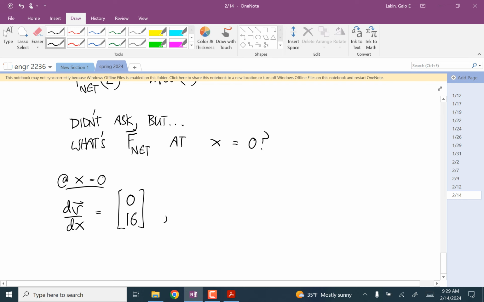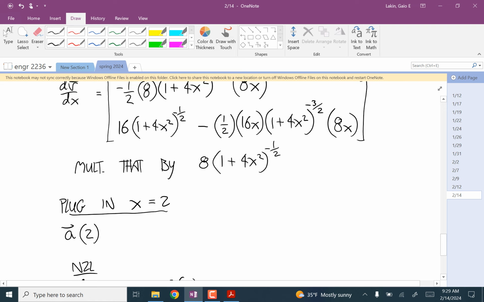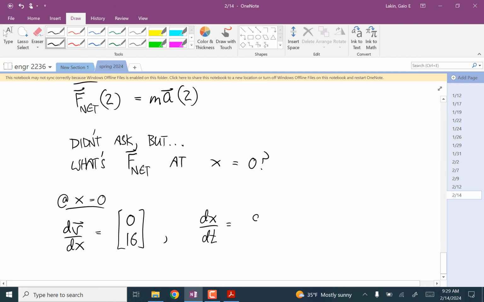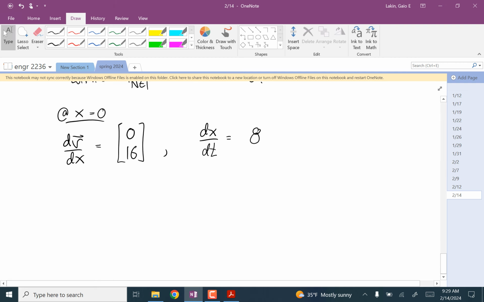Okay. dx/dt is this thing. The stuff in parentheses is 1, so 8 over the square root of 1. So this is going to be 8. And so the acceleration at x equals 0 is 0, 16 times 8. So that is 128.